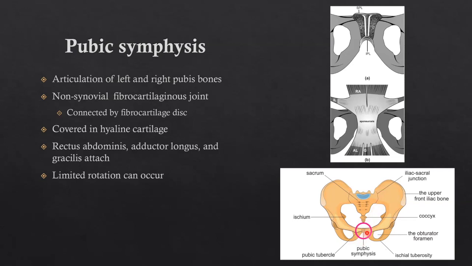However, on the anterior side, the main thing holding the right and left pubic bones together will be the pubic symphysis. So when we get into our muscle groups, some of our anterior as well as our medial muscles will actually attach right on the pubic symphysis.